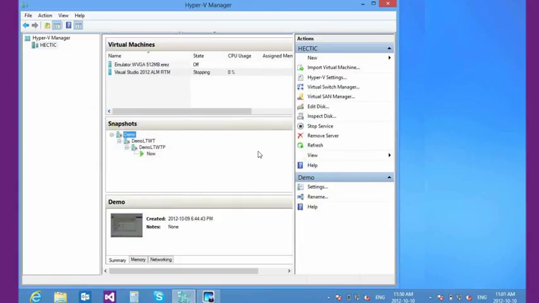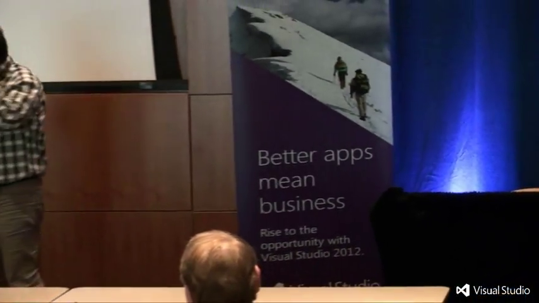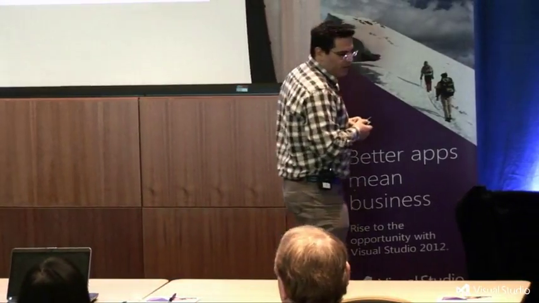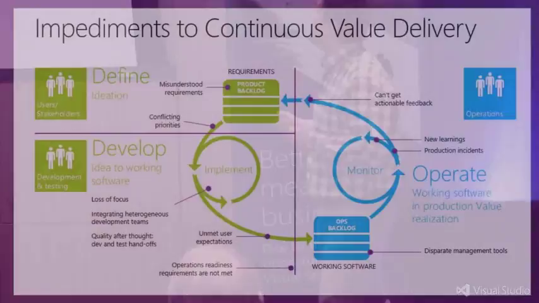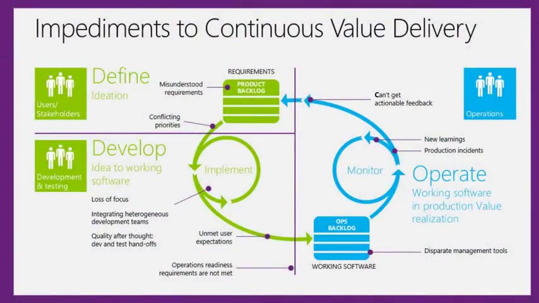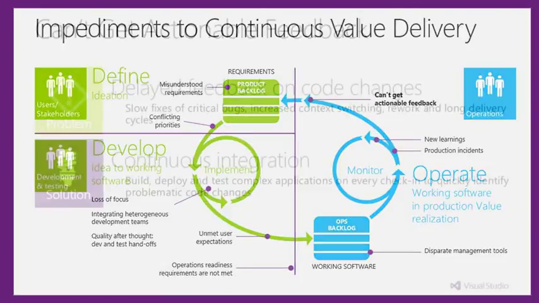Okay. So moving forward to the next one, I would like to ask what happens when we can't get actionable feedback between the operations and back to the beginning of the cycle.